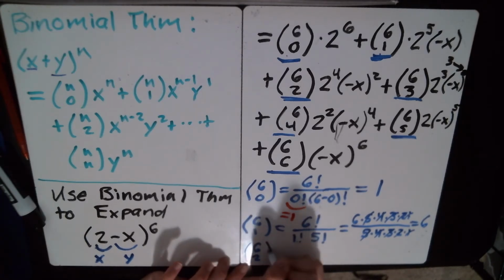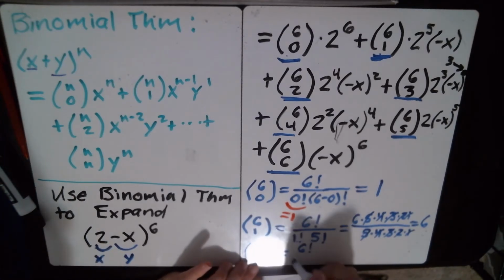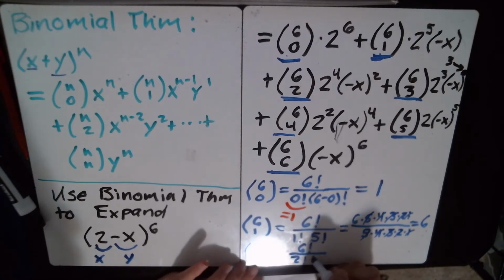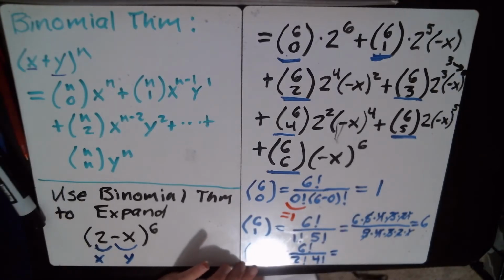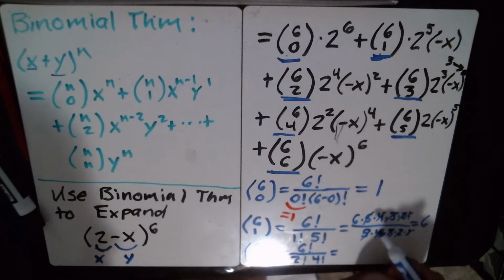So 6 choose 2. Let's do that. We get 6 factorial divided by 2 factorial times 4 factorial. Whenever we do this, the 4, 3, 2, 1 will all cancel out with the top.